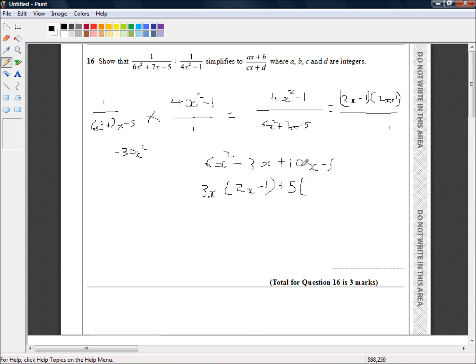And this comes out to 2x, because 5 times 2x is 10x, minus 1. And now look, I've got 2x minus 1 on both sides, so I can factor out the 2x minus 1. So I'm bringing out the 2x minus 1. And I'm left with 3x plus 5. So this is what goes on the bottom.